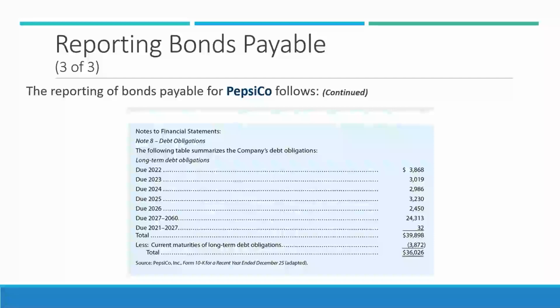Then they also have some installment notes due over time, 2021 through 2027. And then they also, the current maturity of long-term debt obligation is 3.8 billion, and that's the exact same as the 3.8 billion up here. So due in 2022, that's the next 12 months. And so that all matches to each other.